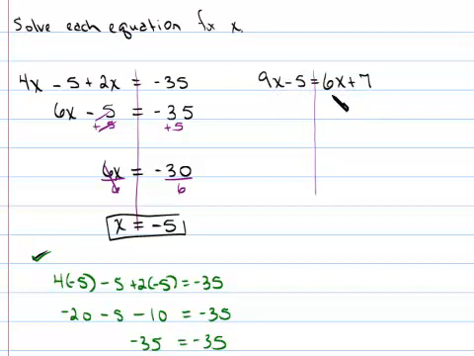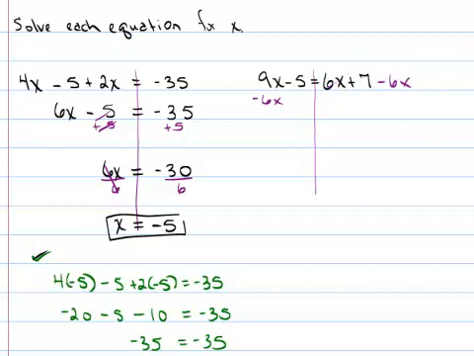So if I want to move that 6x or eliminate it, then I must subtract 6x on this side. It's almost like if I was also writing it, if you don't like to write it on the bottom, you can write it back here. Minus 6x on this side of the equation, but then I have to do minus 6x on this side of the equation. When you do that and combine, 6x minus 6x will be 0x. We eliminated on that side. That's what we wanted to do.